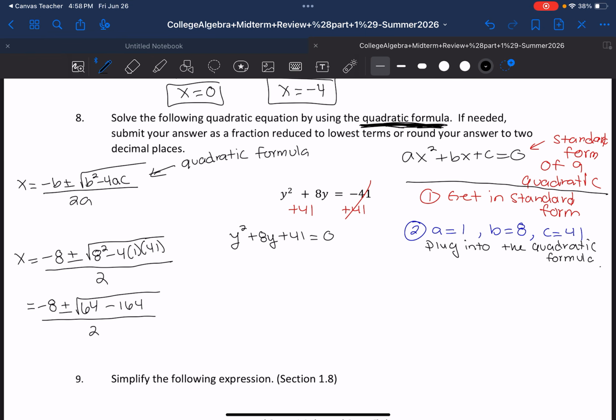So the next thing I would do is simplify the 64 minus 164. And that gave me negative 100 all over 2. So at this point, I've simplified everything under the radical. So now I want to simplify the radical.